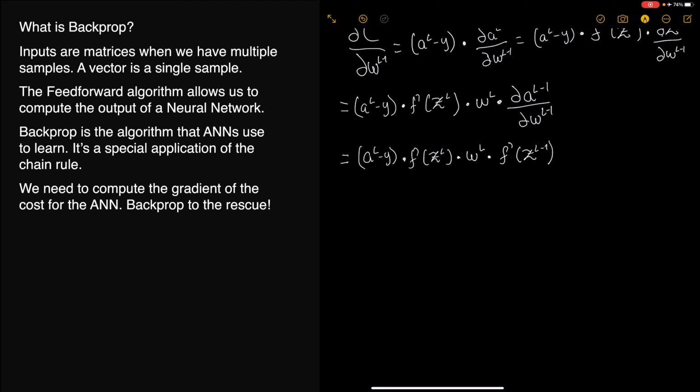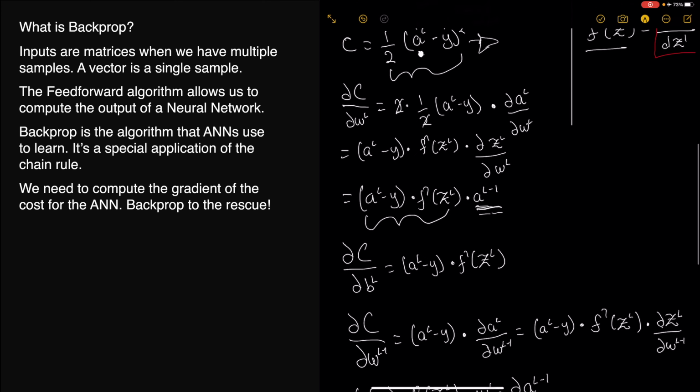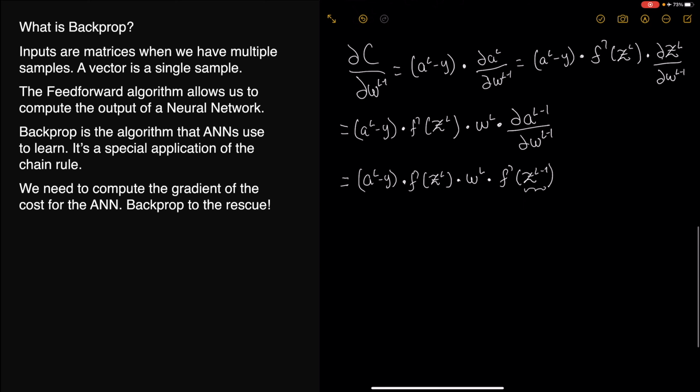And this is going to be with respect to the inner function, right? But I'm not going to write it because we defined it here. We defined it here, right? That's what it is. And then we multiply by the chain rule, right? Times the derivative of the inner function with respect to the variable, which is W to the L minus 1.